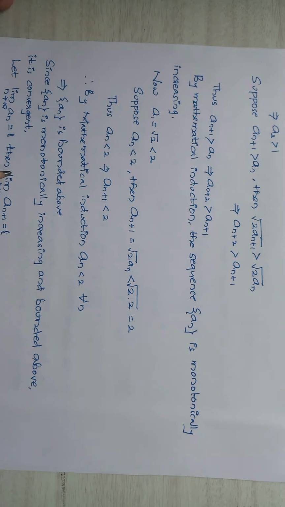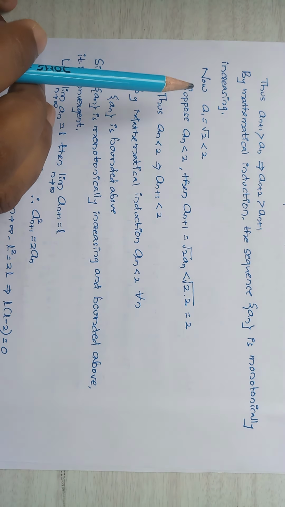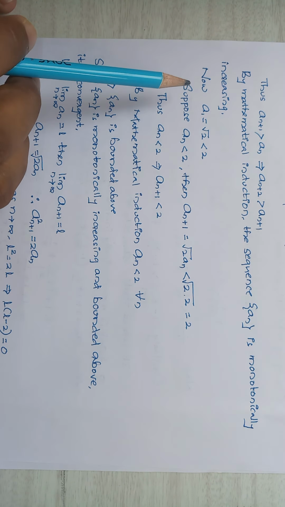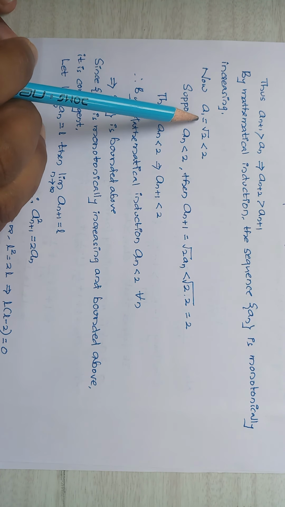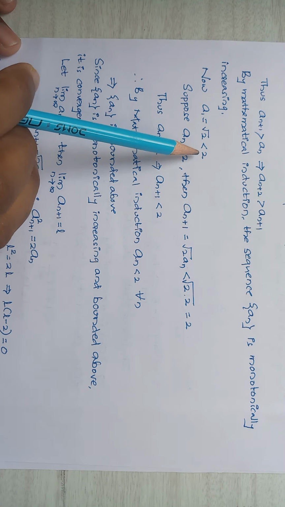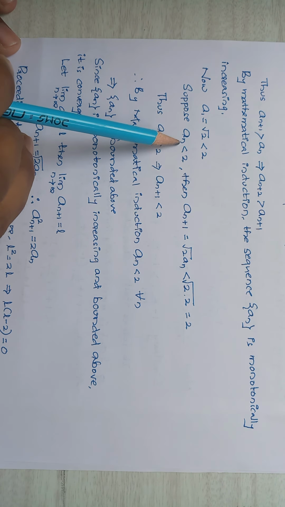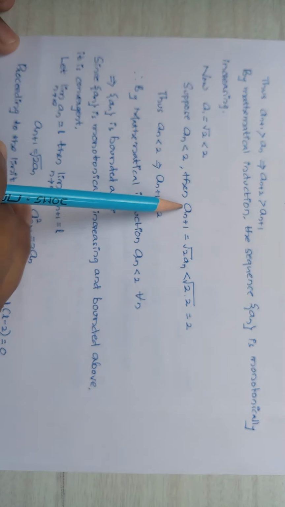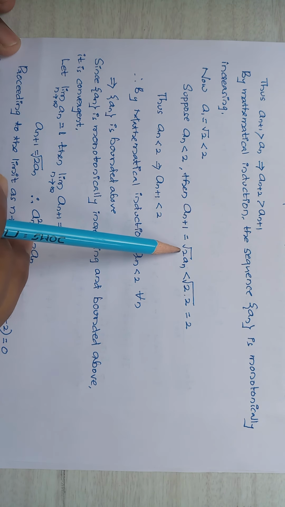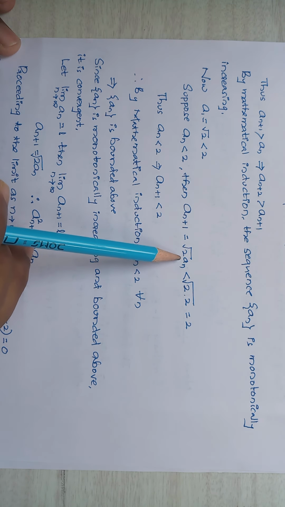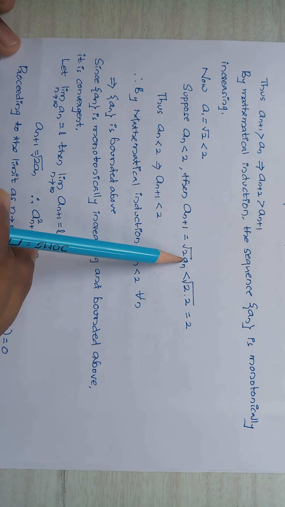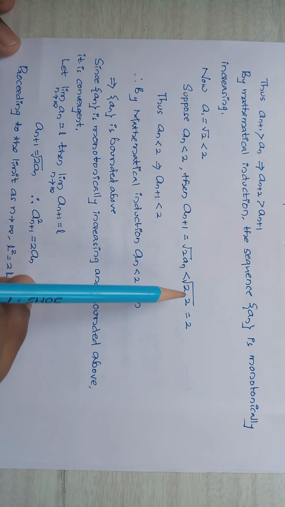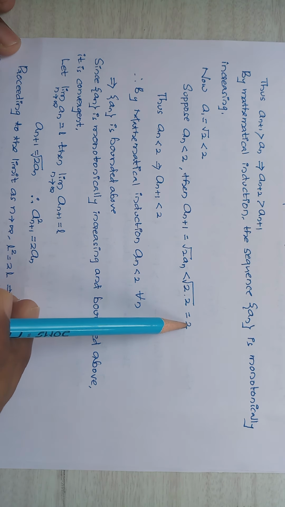So now, we have to find whether it converges or not. It is monotonically increasing. Okay, no problem. So now a1 is equal to root 2. Root 2 is less than 2. Yes, suppose an is less than 2, then an plus 1 is equal to root of 2an. Substituting the value of an, this is less than root of 2 into 2, that is 2.